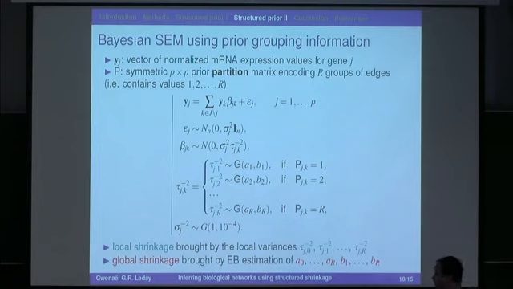It does bring, although, a lot more hyperparameters to estimate by empirical Bayes. So one needs to be careful that each group in the partition cannot have too few elements, otherwise the empirical Bayes will collapse.